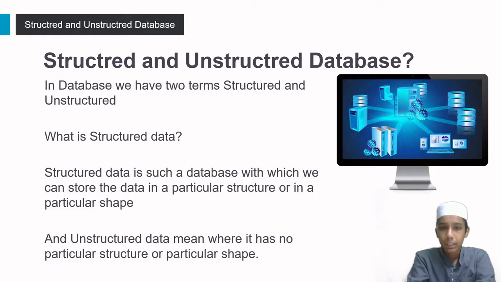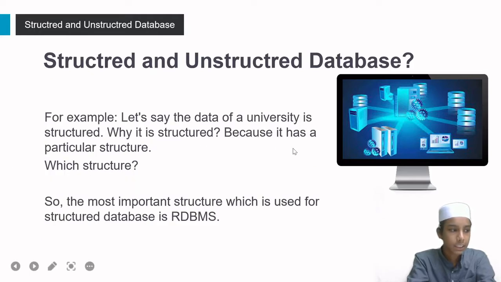So RDBMS stands for Relational Database Management System. So what is its definition? What is RDBMS? Before learning what is RDBMS, we need to learn what is DBMS. What is DBMS? Database Management System.